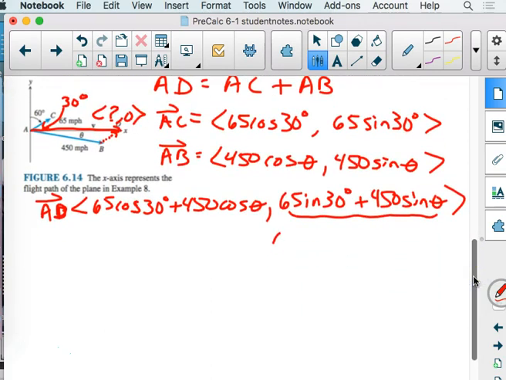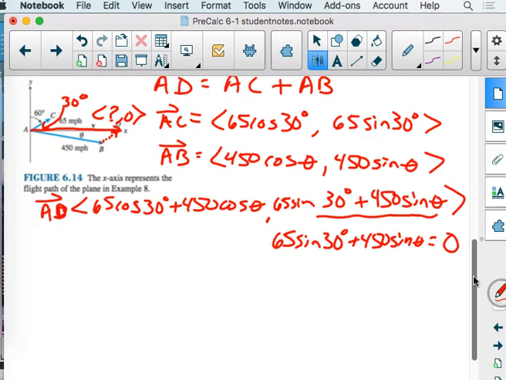So 65 sine, oops, I forgot the S, 65 sine 30 degrees plus 450 sine theta equals 0. Has to.